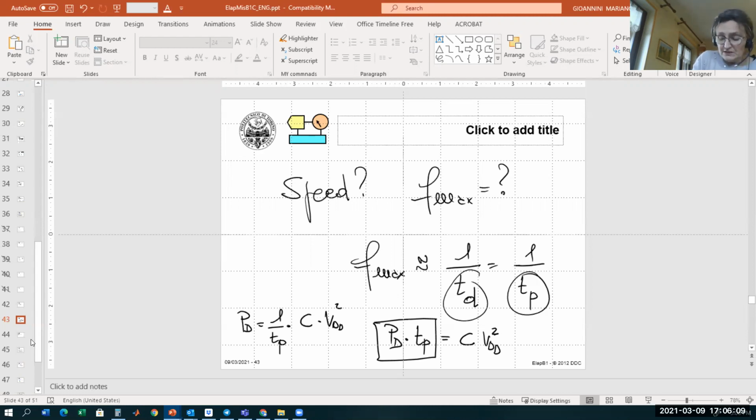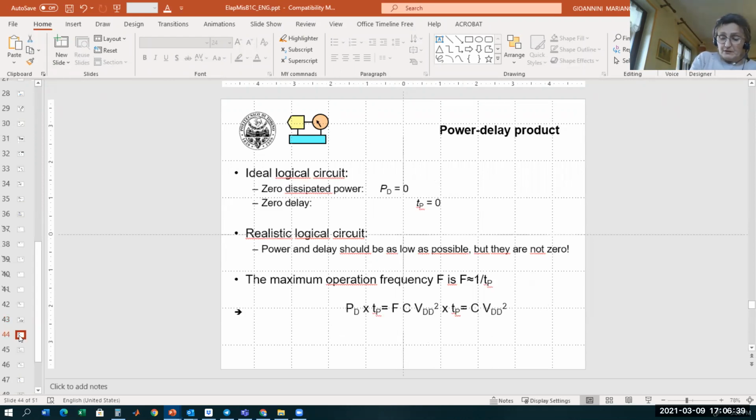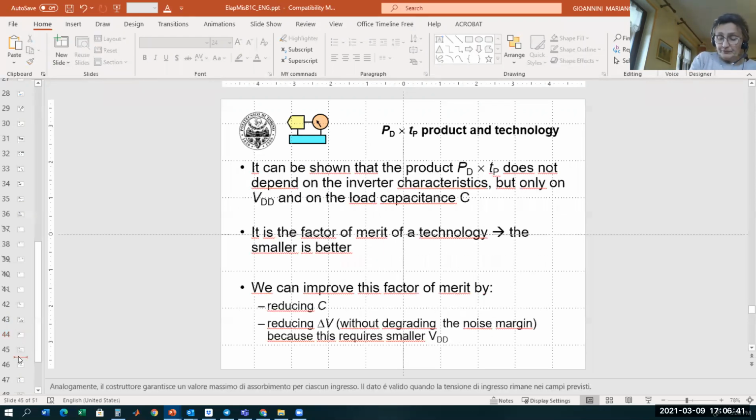So we say that this power delay product is roughly a constant, in the sense that this constant depends on the voltage supply and the load capacitance C. So the power delay product is a constant depending on the technology. This is summarized in this slide.